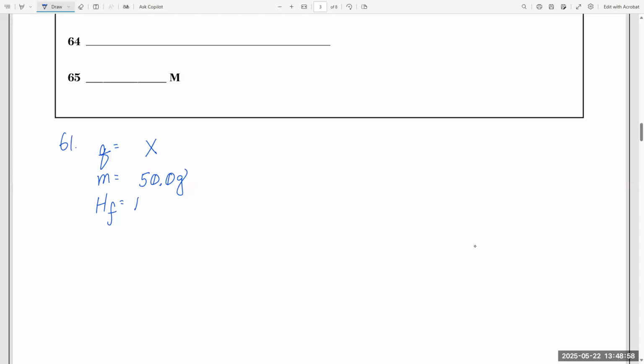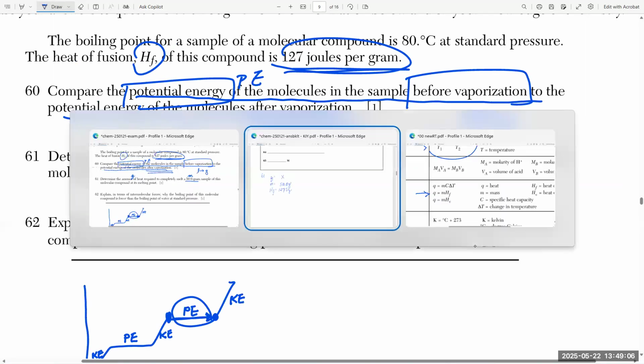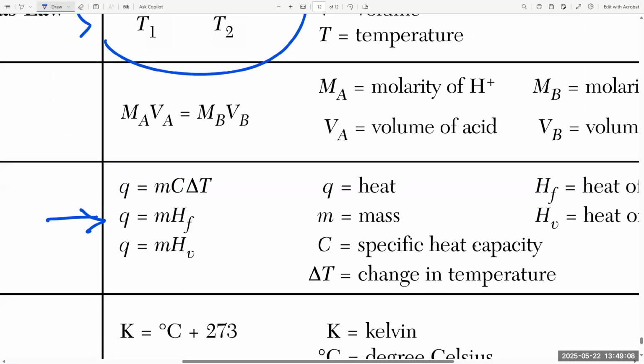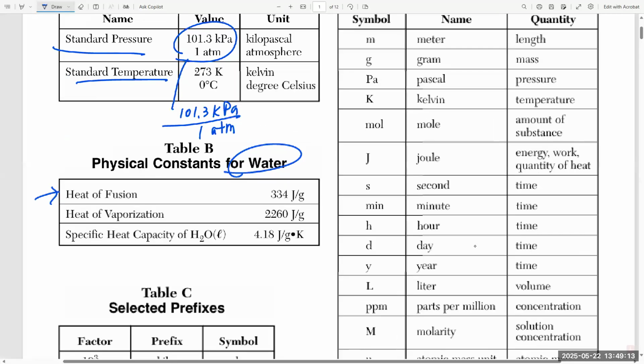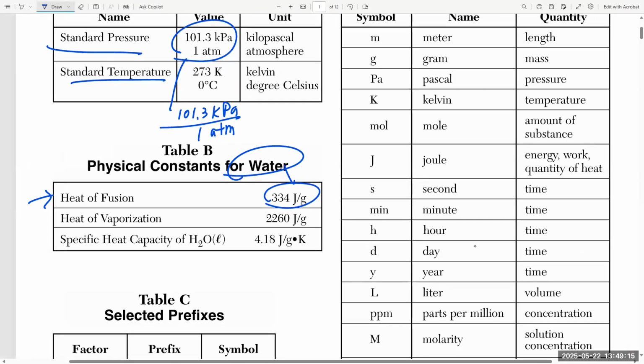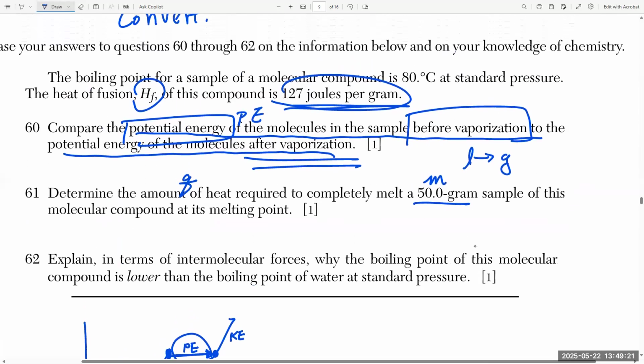Again, be careful. You don't want to be using this one. Why not? Because that's for water. So we don't want to be using that in this problem because we're literally looking at this other compound, and they gave it to you.